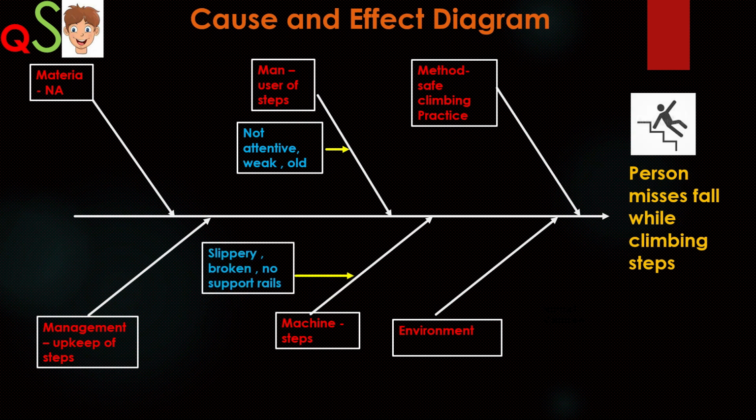Machine, here we can take staircase itself as a machine and its condition like slippery surface, broken steps, lack of holding rail, etc. could be a reason of likely fall.